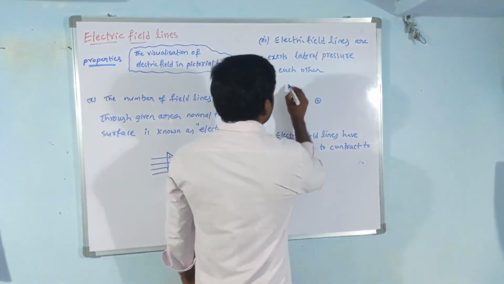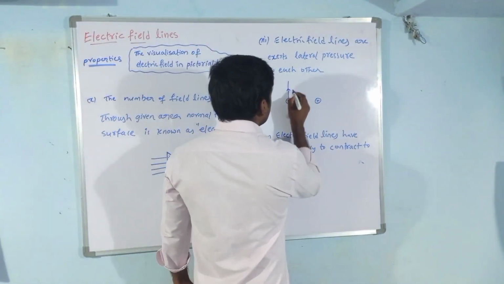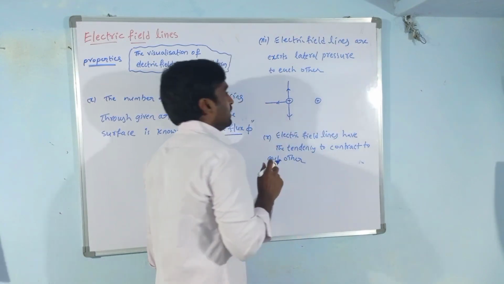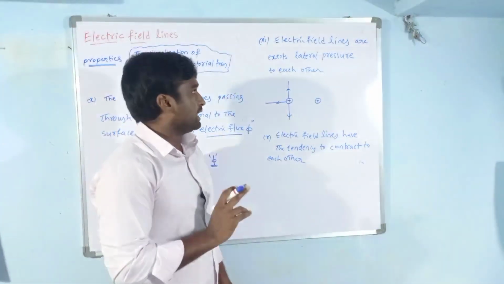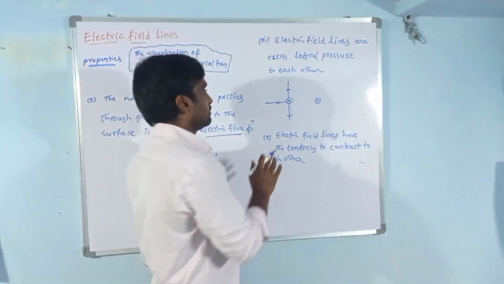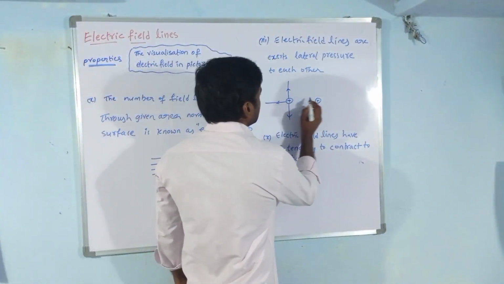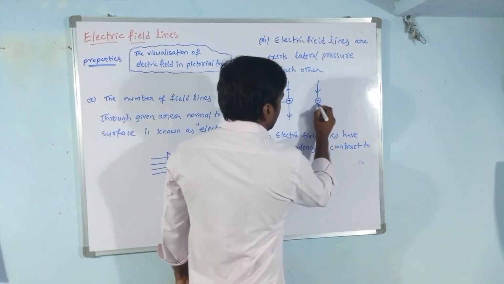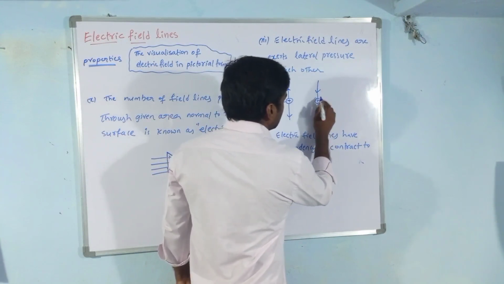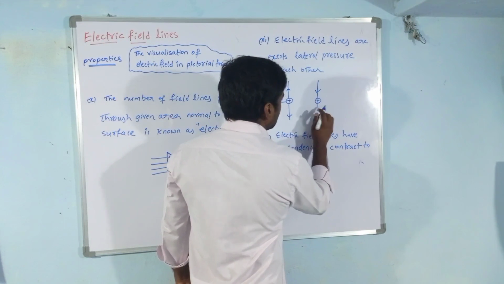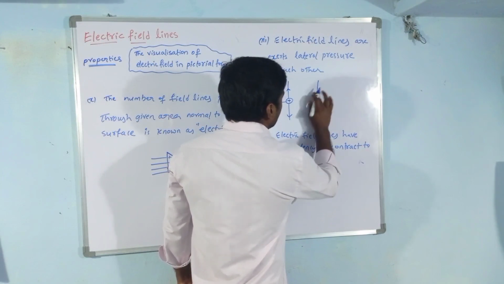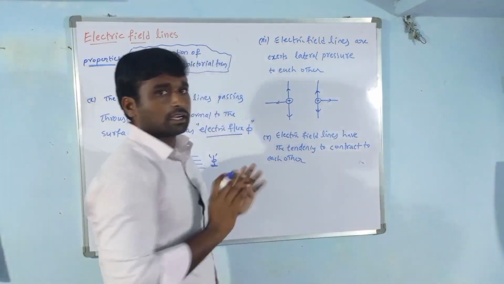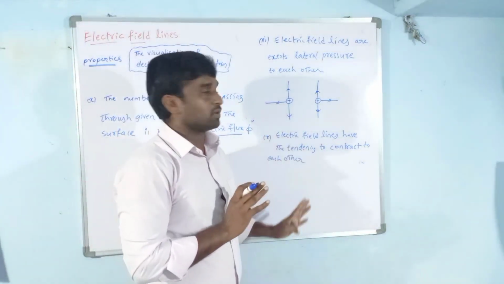See here, these are the electric field lines. Electric field lines are directed radially outwards for a positive charge, and directed radially towards a negative charge. Sorry, this is also a positive charge, directed outwards. That's why the electric field lines are directed radially outwards.